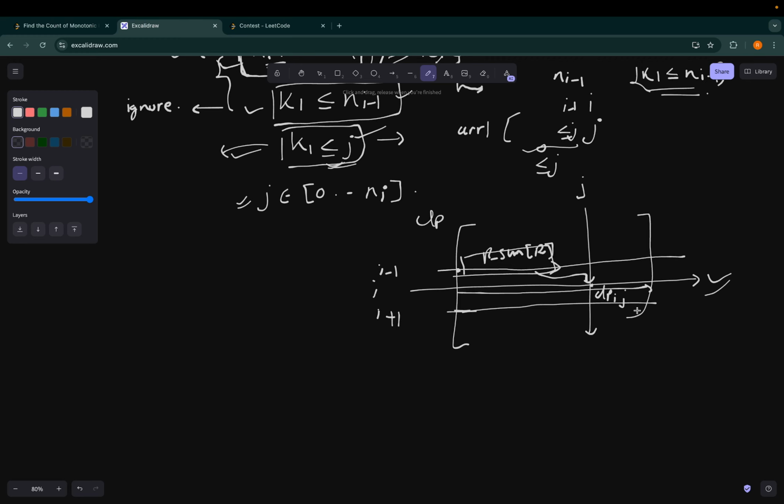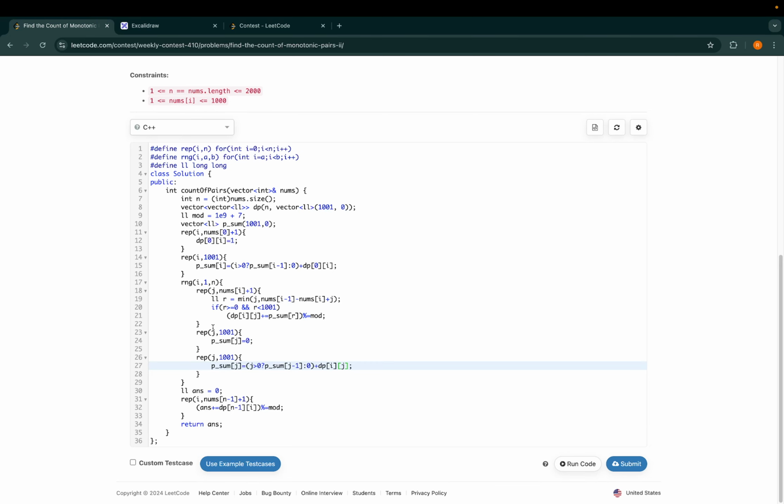That's why you have to run a loop here also. So these 3 loops run sequentially, at the same level. So the complexity is still n into max, which is n into 1000. And in order to add all this, you just add the answer to the DP. Yeah, that's pretty much it.